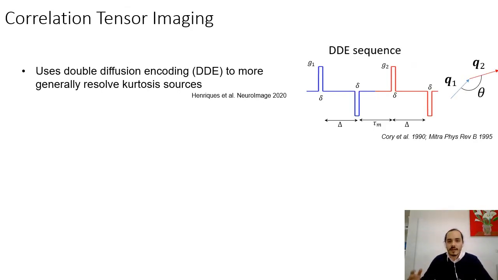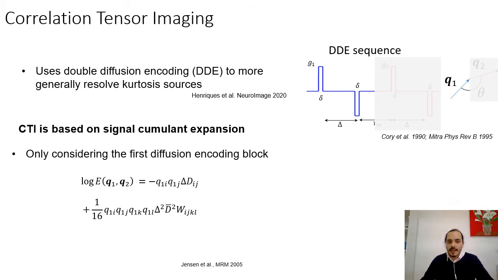So how does CTI work? This technique uses the information of double diffusion encoding. As explained in previous talks, the double diffusion encoding sequence contains two diffusion encoding blocks. Each block can be characterized by a unique direction and an independent magnitude. CTI is based on the signal cumulant expansion, so it is basically a generalization of diffusion kurtosis imaging.